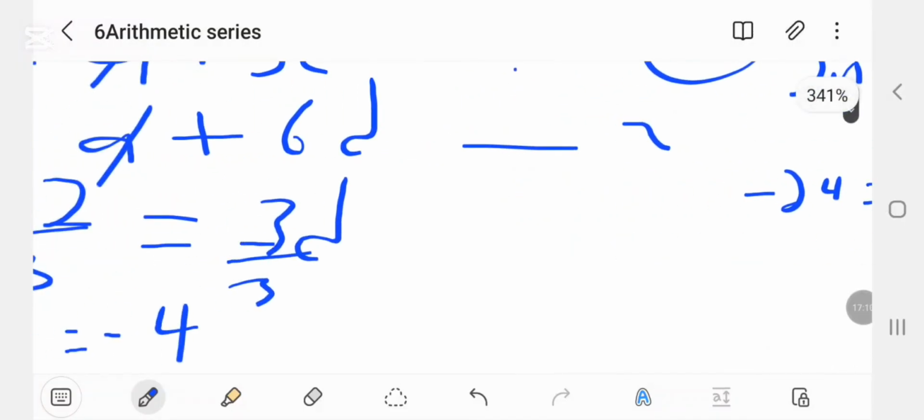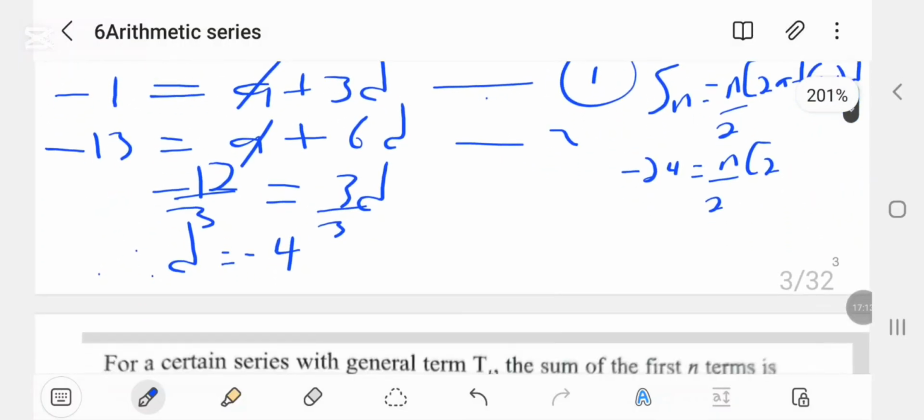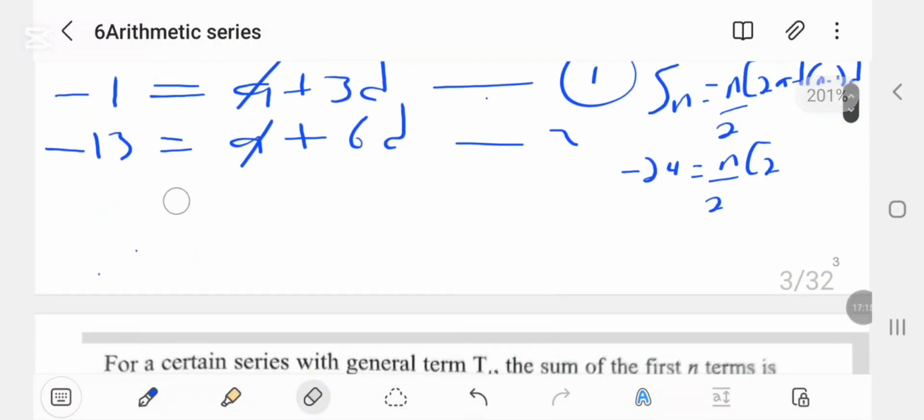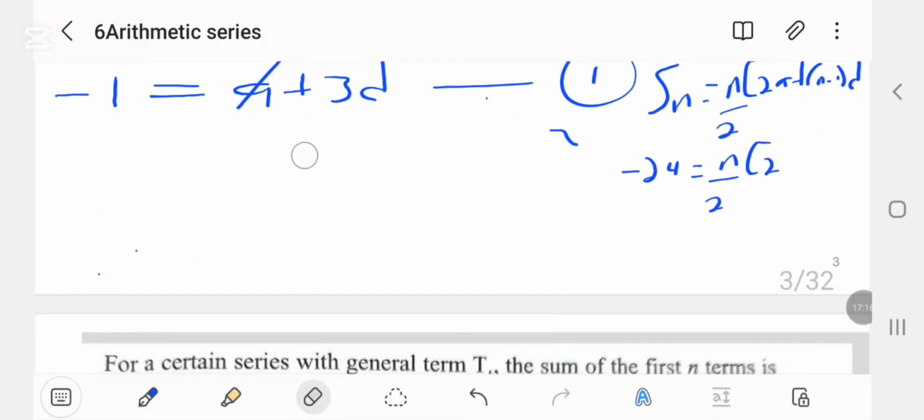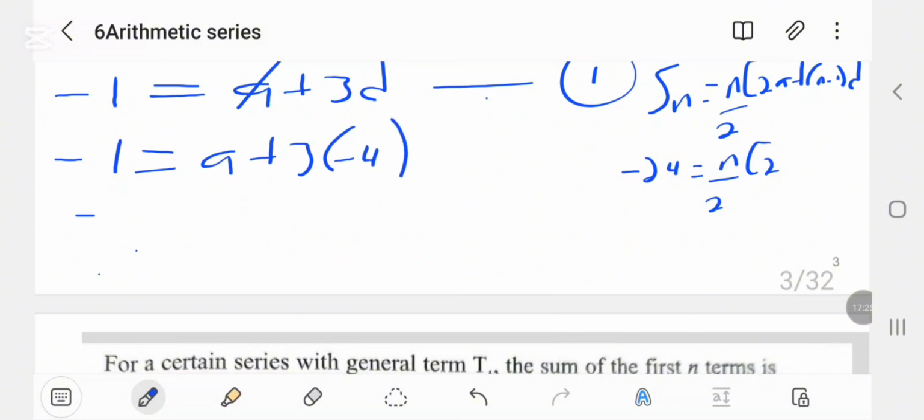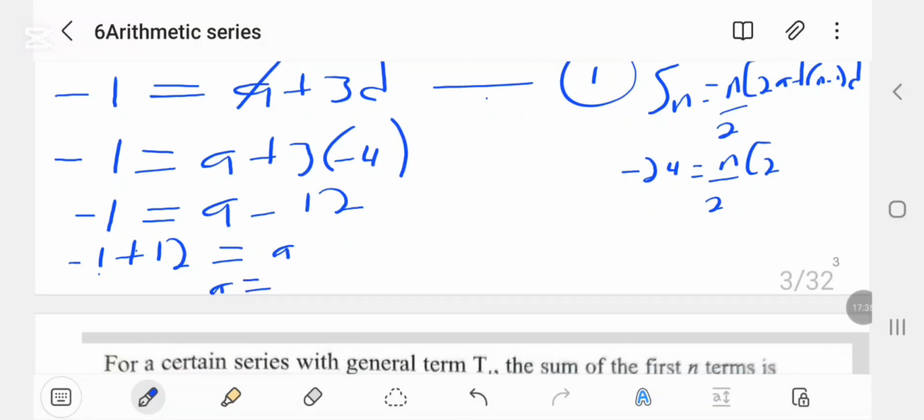We didn't find A. So let's go and find A. Let's use any equation. I'll use equation 1. Minus 1 is equal to A plus 3 times minus 4 for D, so minus 1 is equal to A minus 12. Minus 1 plus 12 is equal to A. So A is 11. 12 minus 1 is 11.